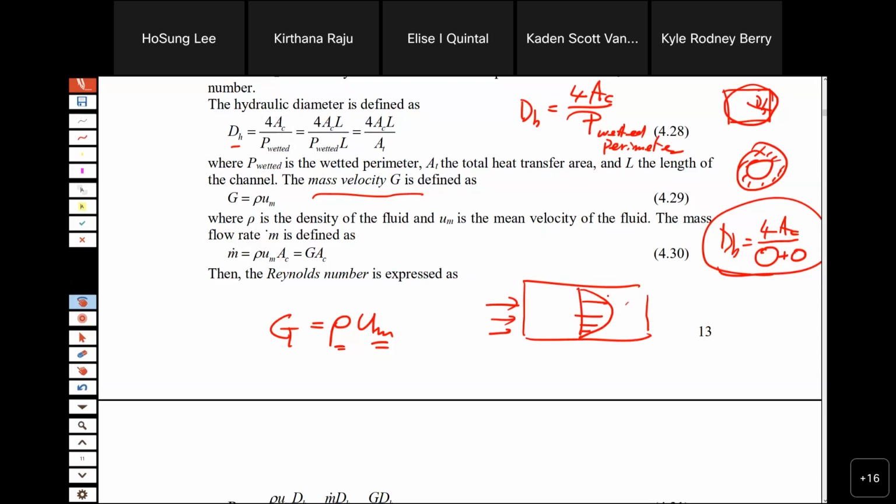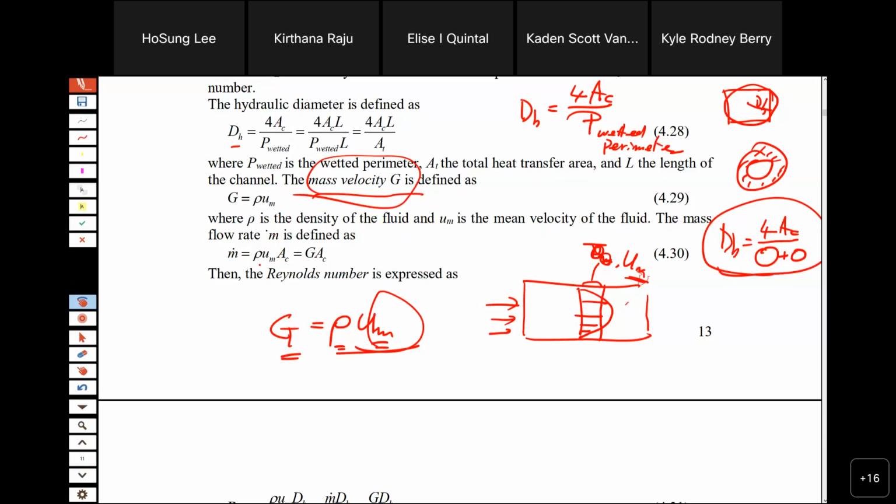So it's complicated, but if you use the mean velocity, which you can calculate, you use a mean velocity. Anyhow, the mass velocity appears sometimes in this book.